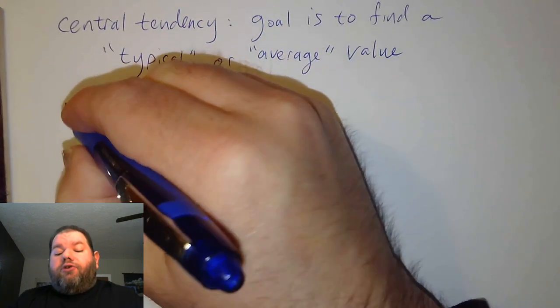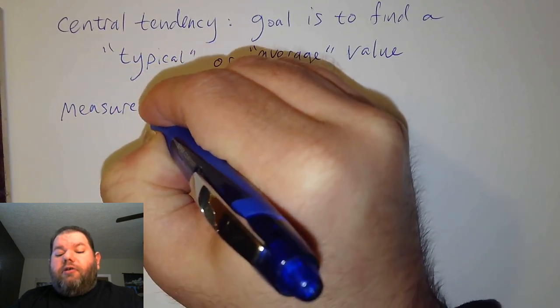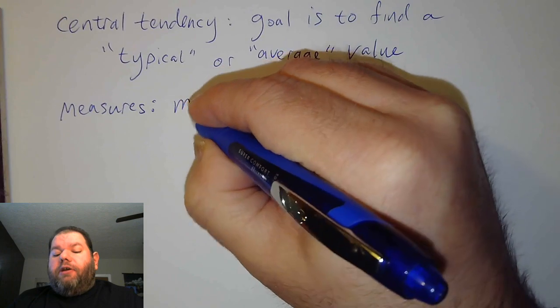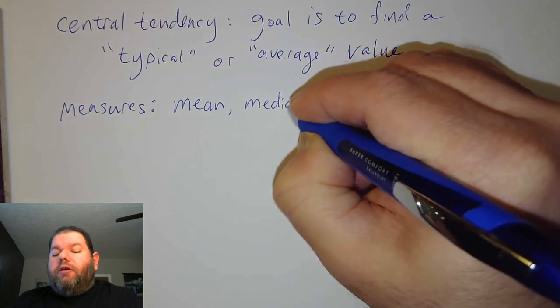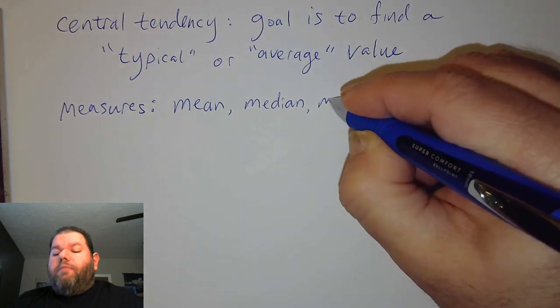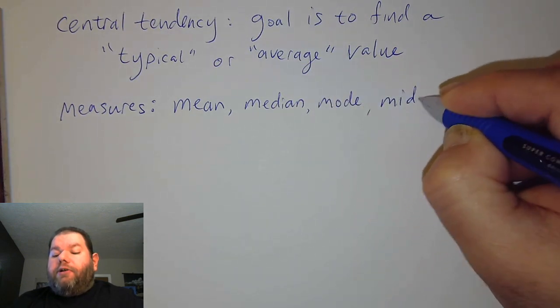So there's actually 4 measures that we're interested in. There's the mean, there's the median, there's the mode, and we also have what's called the mid-range.